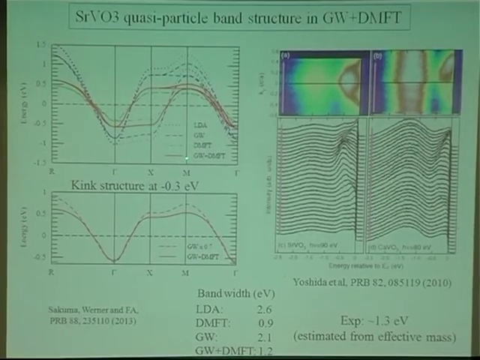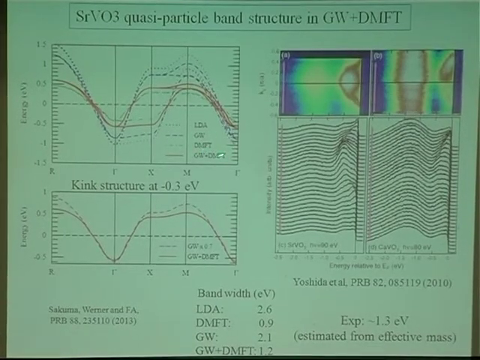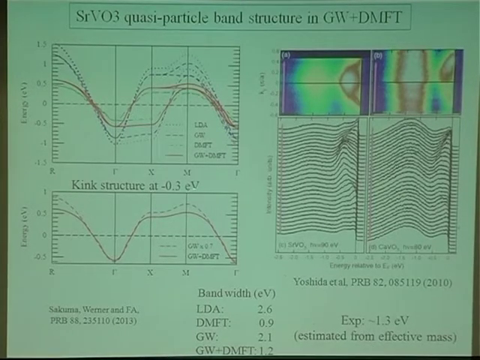When we add the non-local component of the GW self-energy on top of this impurity self-energy, we get a band broadening, which is in agreement with what we had before within the GW approximation.